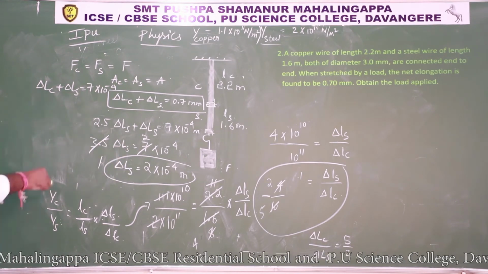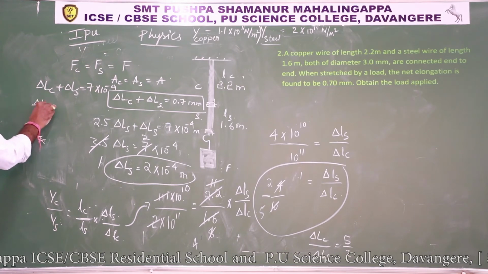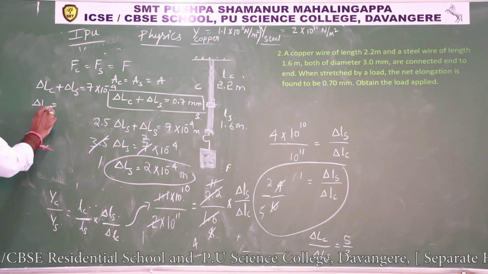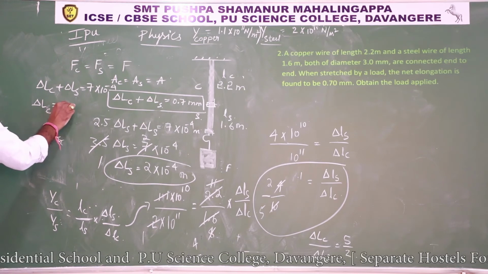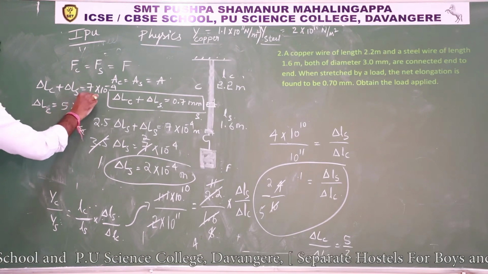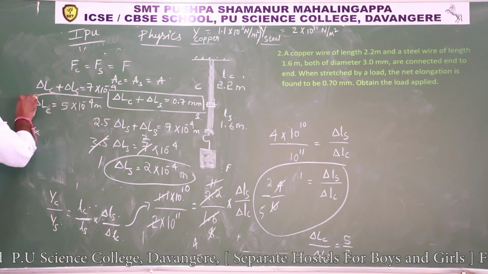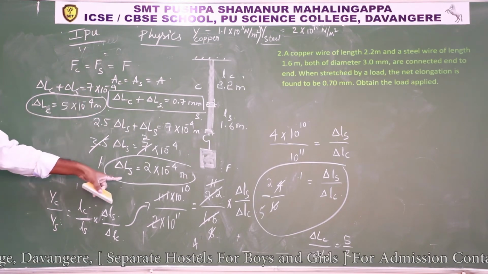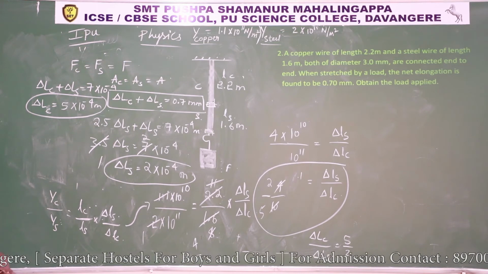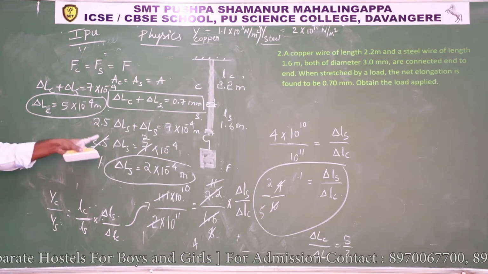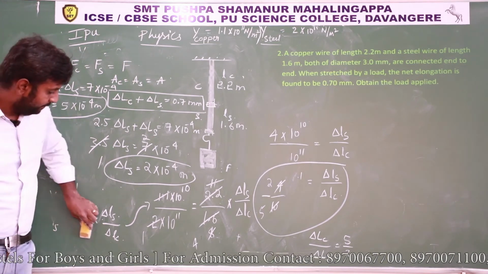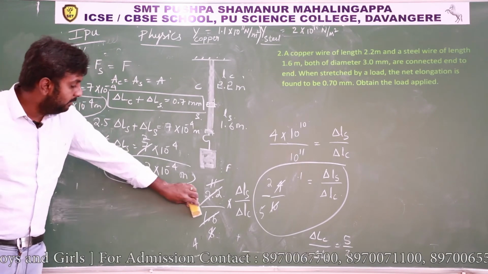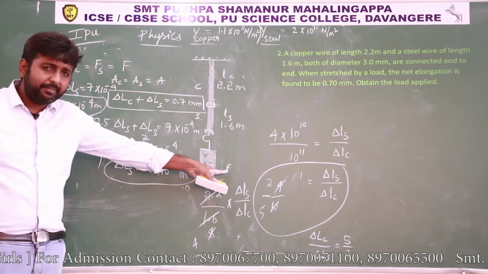If I substitute here, I can get the delta LC value, which is 5 into 10 to the power minus 4 meter. So here we calculated the delta LC value and the delta LS value.